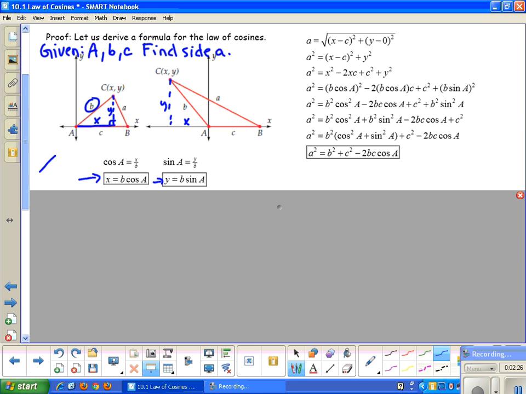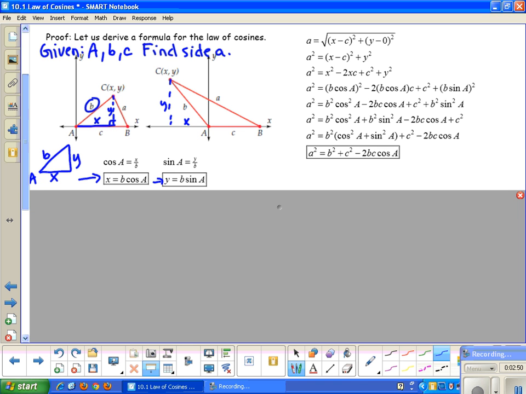Again, that was just using a right triangle, this being A, this being B, and we were calling this x and this y. With that, we can figure out the law of cosines. Remember that we know the Pythagorean theorem, a squared plus b squared equals c squared. In this case, we don't have a right triangle, so we can't use that.